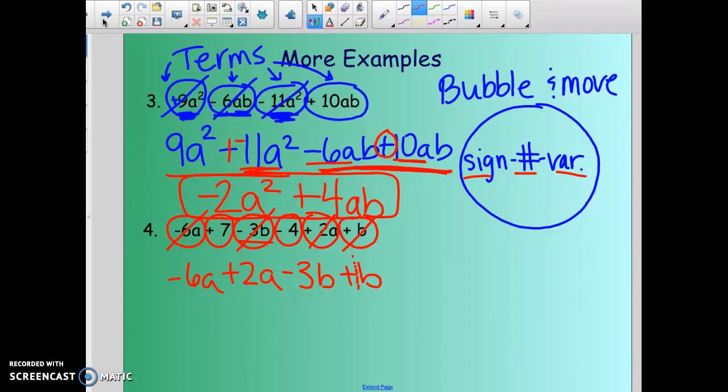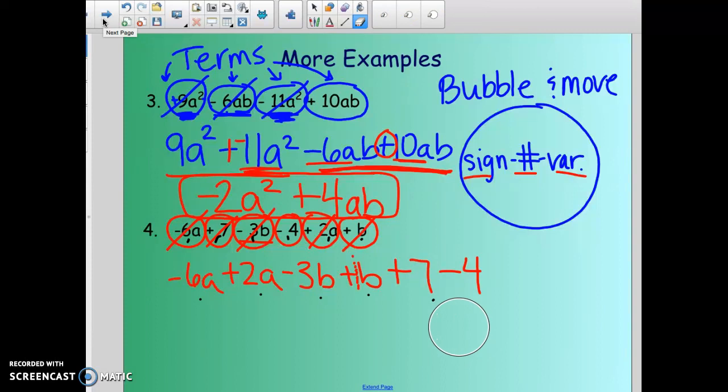Then I have a positive 7 and a minus 4. These constants without any variables always go at the back of the problem. Now I like to go back and count, especially when I have a long list of numbers. I had 1, 2, 3, 4, 5, 6. I have 6 terms, just to make sure I don't leave one out.